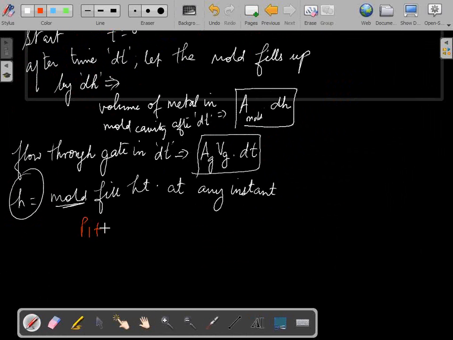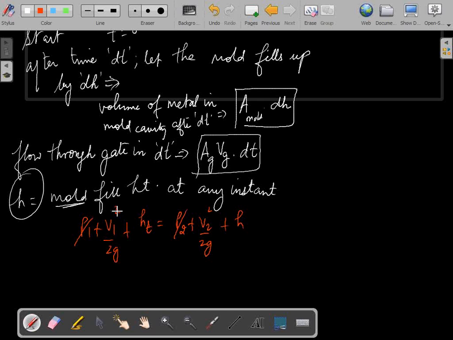You will have p1 plus v1 square by 2g plus h1, where h1 is ht, and this will be p2 plus v2 square by 2g plus h. Now we know that throughout the pressure is the same, so p1 is equal to p2, all atmospheric pressure.